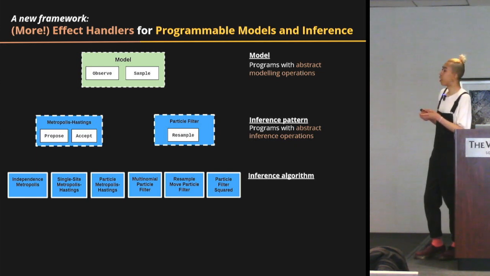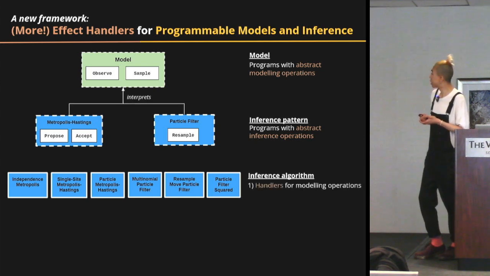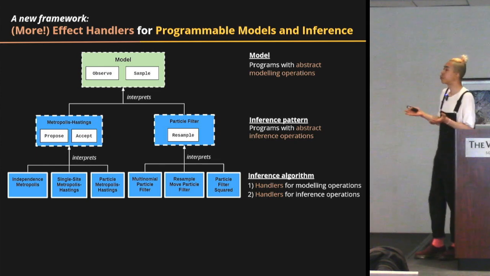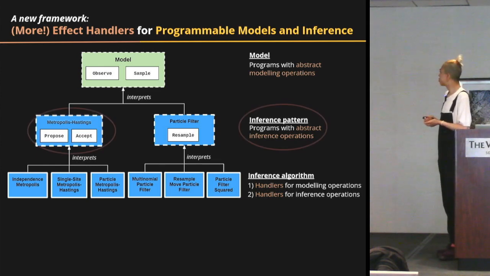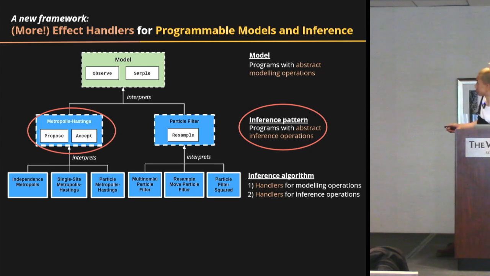To then derive a concrete algorithm from the framework, as the programmer, you need to provide two things. You need to give a semantics for the model operations, like usual, but also a semantics for the inference operations. So to show you how to use this framework, let me first explain what an inference pattern looks like. We'll start off with Metropolis-Hastings.